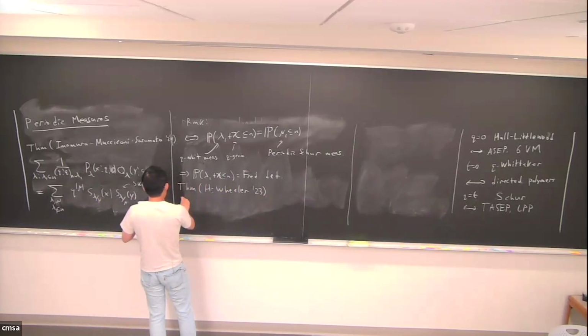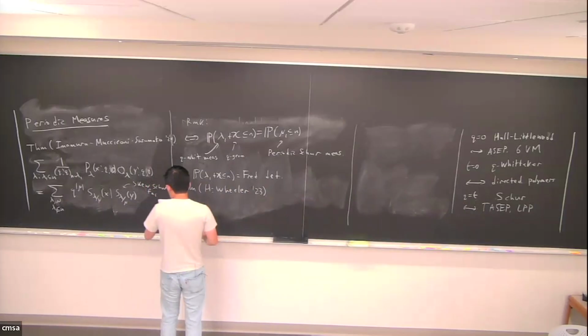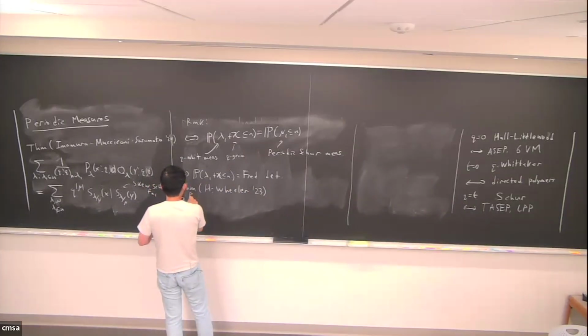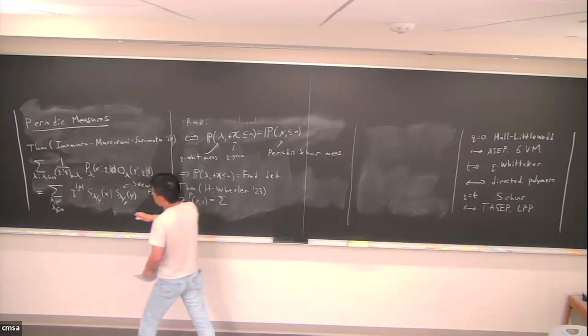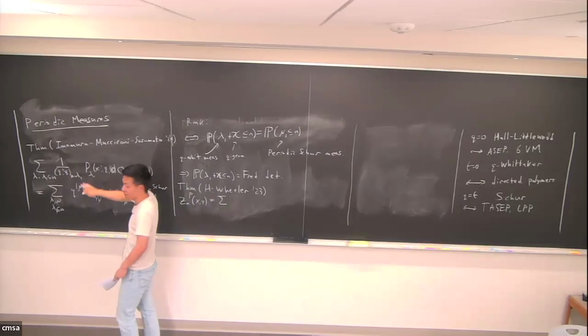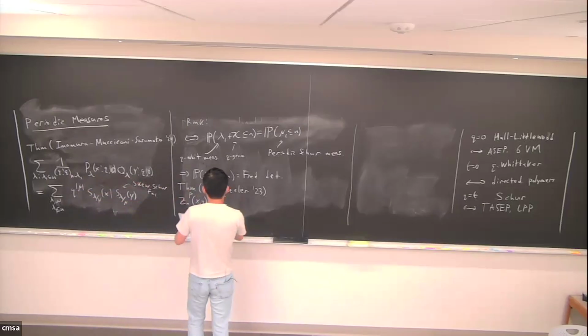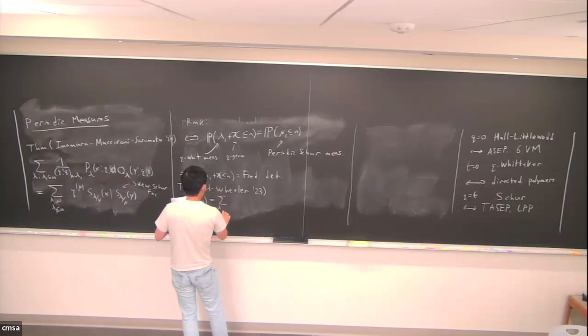So let me define Z_n(u, q; x, y). It's going to be the following thing. I'm going to write something that's extremely similar to both the left and the right. It's going to be a sum over lambda and mu, such that lambda 1 is less than or equal to n.